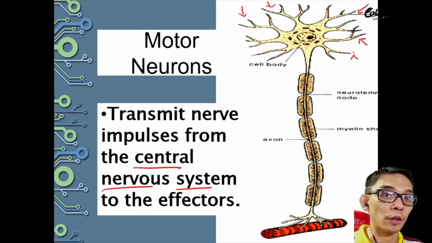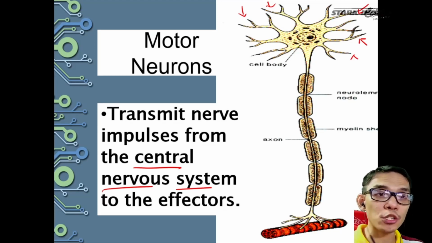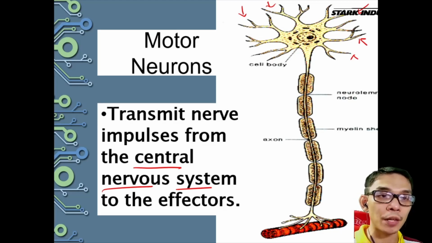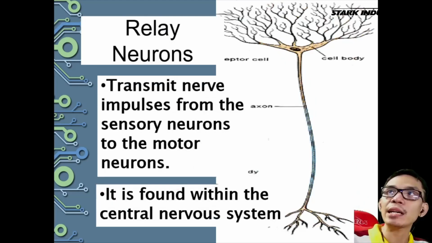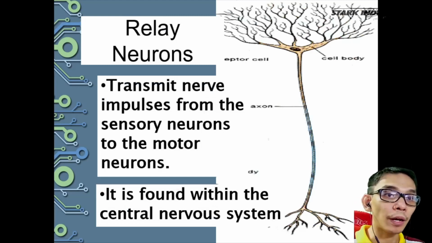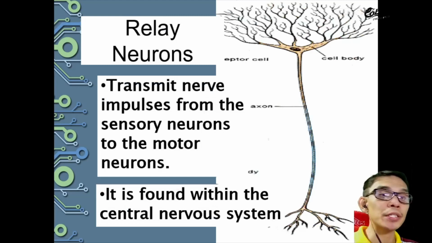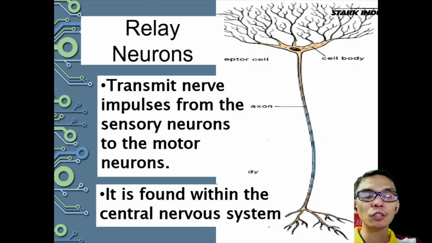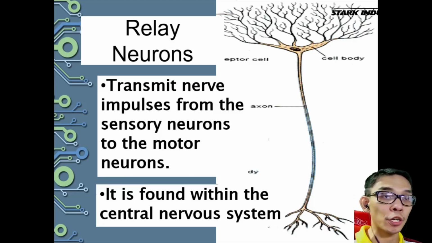These motor neurons will not function without direct instructions from the neurons of the central nervous system, which are the relay neurons. The relay neurons are designed to process and control the activities of the two other neurons. They process what is coming from the sensory neuron, and control the activity of the motor neurons.